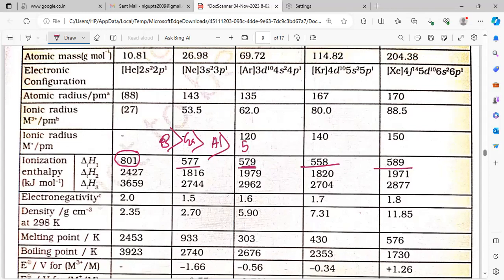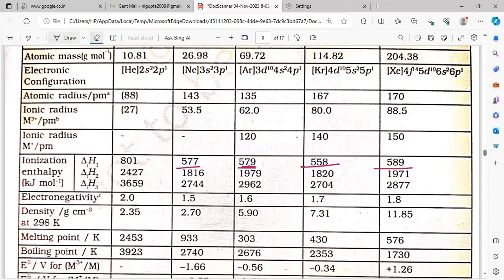Where will 589 go? See the order. And then what will come? 558. Lowest is 558.